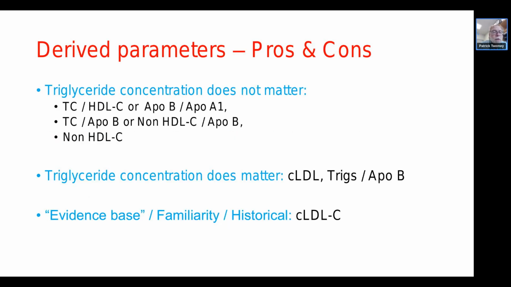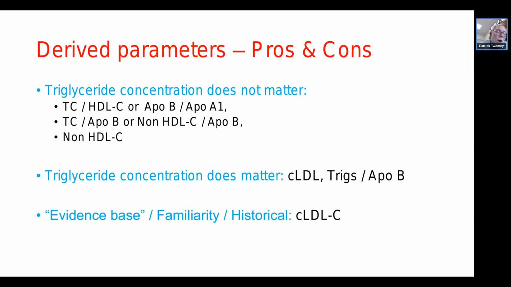So all these factors, or derived parameters, have pros and cons, advantages and disadvantages. Some obviously are where the triglyceride concentration doesn't matter, some where it does matter, and then evidence-based or familiarity or historical.